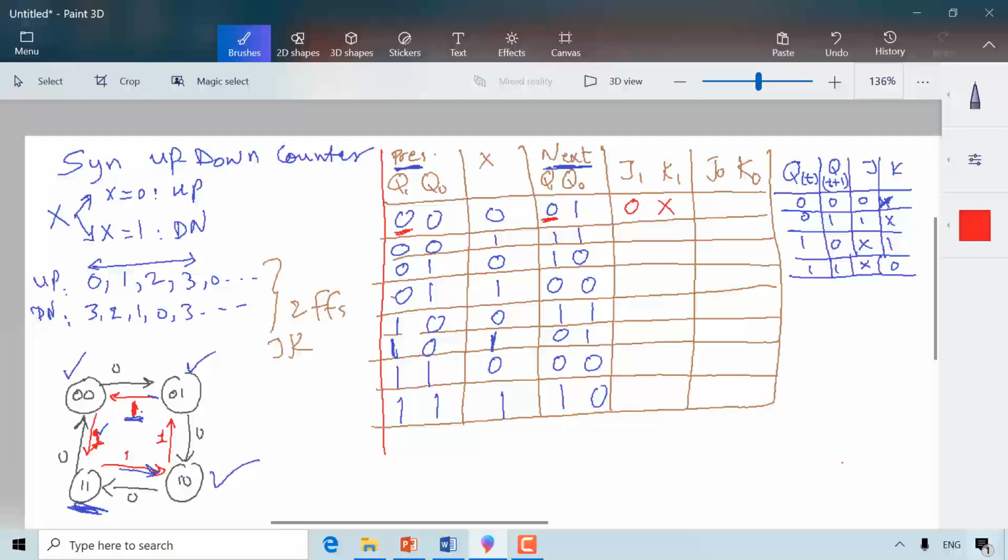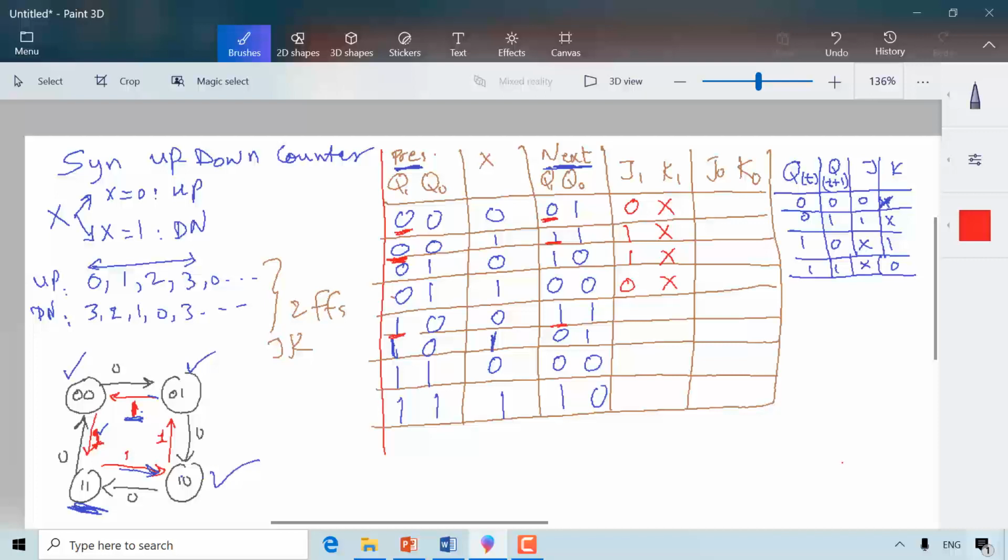And the present state of Q1 is 0, next state is 1, so it's 1x on the J and K input for Q1. Similarly 1x, and 0x.